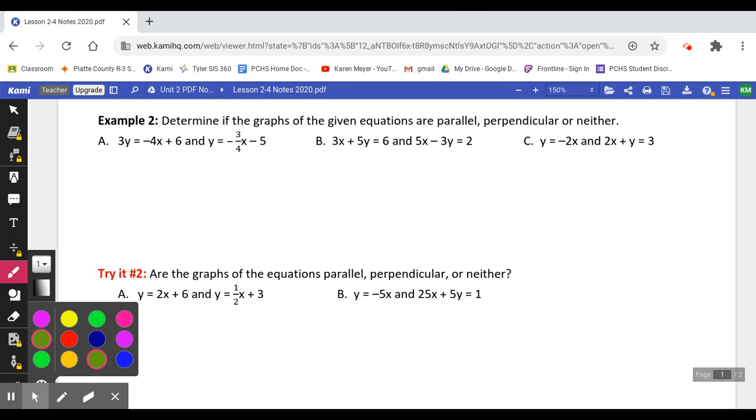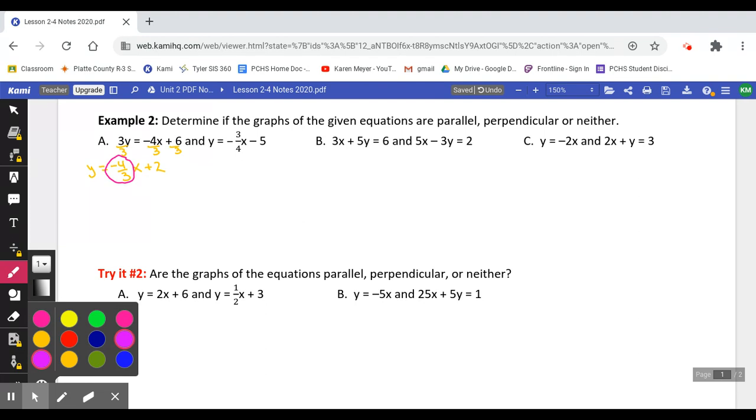So on A, on the first line, to get y by itself, I'm going to have to divide everything by 3. So I get y equals negative 4/3 x plus 2. So my slope for this line, I'll circle it here, is negative 4/3.